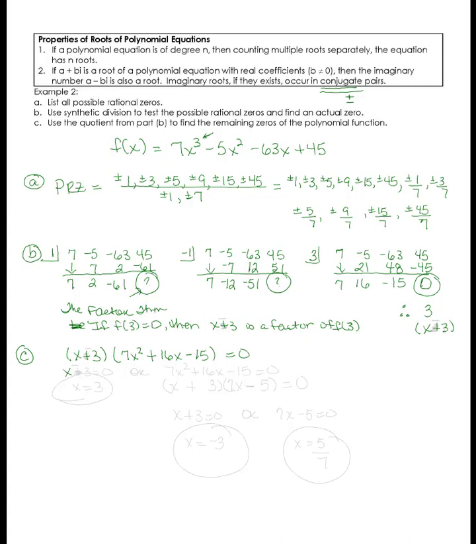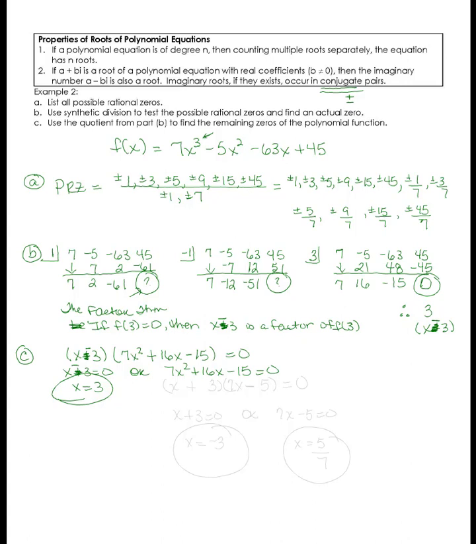Then we're going to set each factor equal to 0. We know x is equal to 3. That's one of our solutions. Excuse me, let's go back because I think I did something wrong. While I'm saying this, it should be x minus 3. So if you caught that, great. Let's change those. Therefore, x is 3.